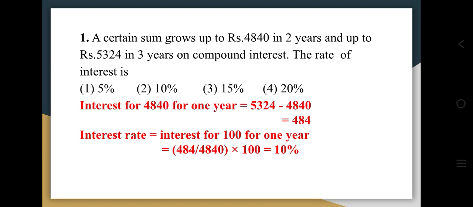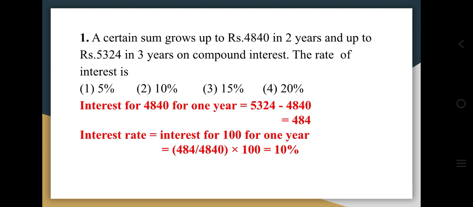So, by what we have understood on compound interest, second year amount plus interest for the second year amount for 1 year gives the third year amount. So the third year amount 5,324 is the second year amount 4,840 plus interest for 4,840 for 1 year.